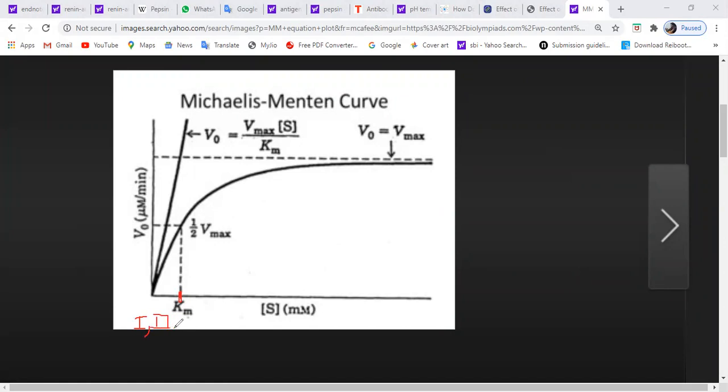It means if there is a low concentration of substrate, or glucose, these are able to sense that glucose concentration, and they will achieve half V maximum. So this is half V max.